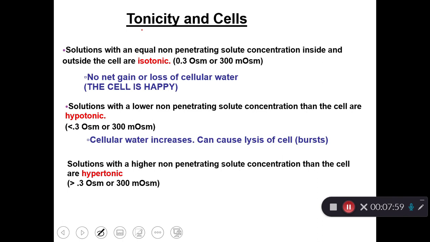So now water enters the cell, and the cell would lyse or rupture. If you put these cells in a solution that is hypertonic, meaning it has tonicity that is more than the tonicity inside the cell, so it has more than 300 milliosmoles of non-penetrating solutes, this means that water will exit the cell and the cell would shrink.